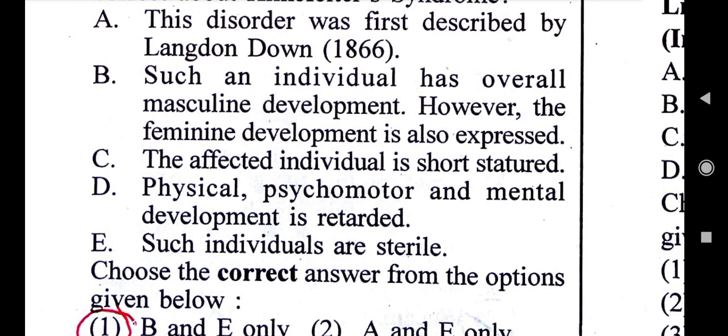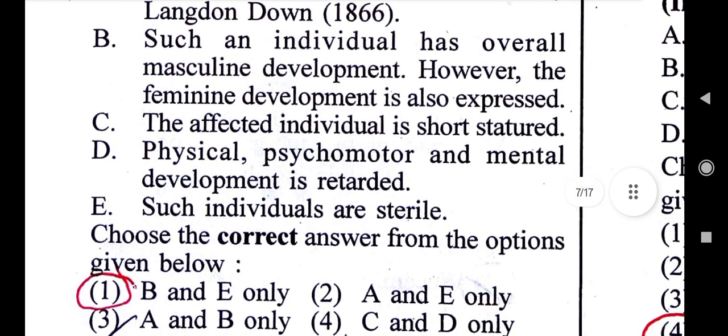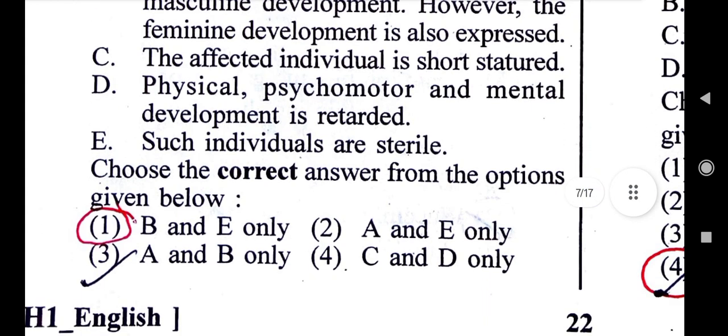Option C: the affected individual is short in stature. Option D: physical, psychomotor and mental development is retarded. Option E: such individuals are sterile. Choose the correct answer from the options given below.